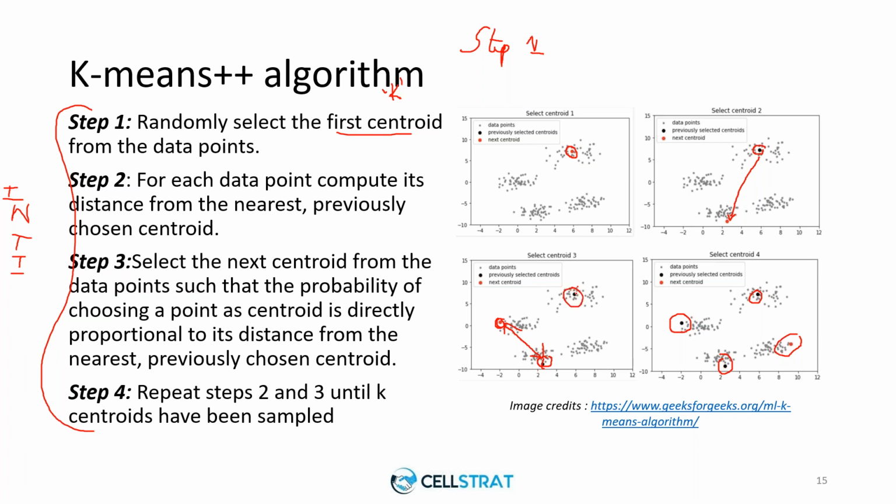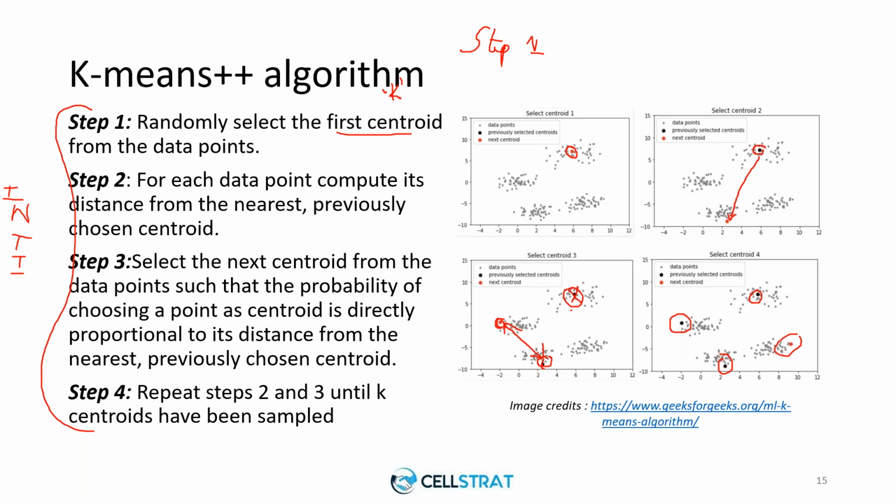It's not based on this distance. I hope it is clear. So in this way, instead of just randomly initializing the centroids, it takes some meaningful steps to do better initialization. You cannot say this is a perfect initialization, but it's much better compared to random.